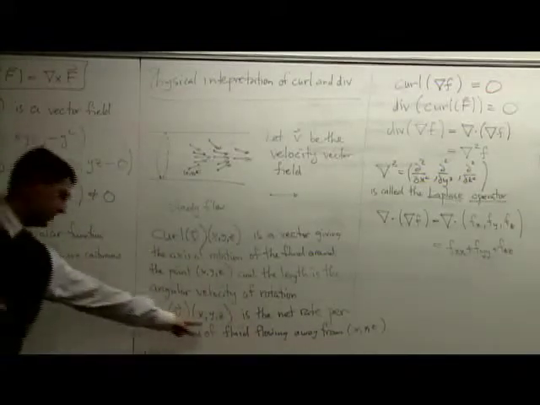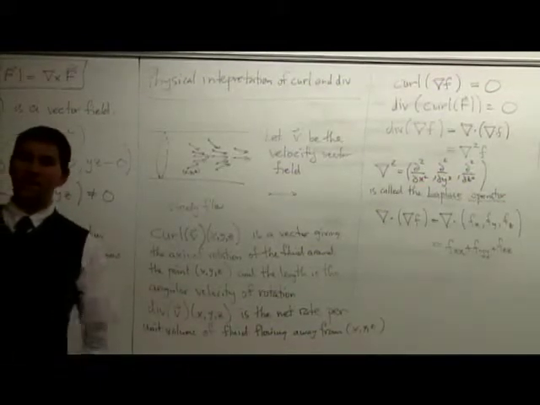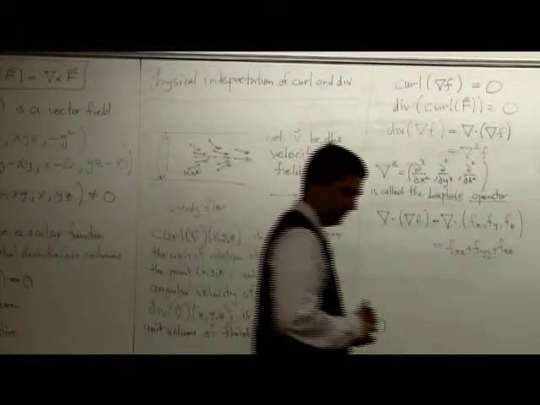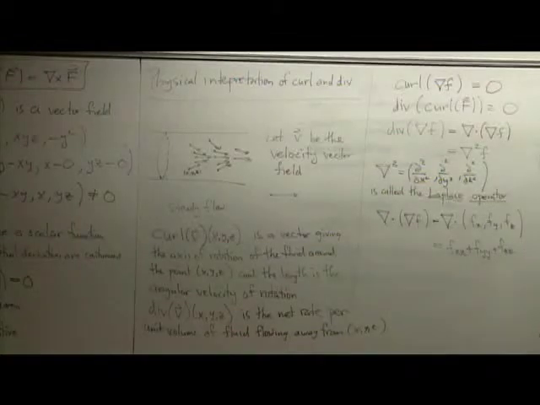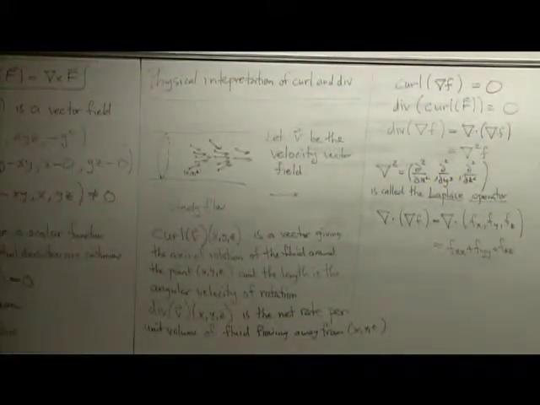And that's the divergence. And if you think divergence, how much is being diverted away from that point? So I'm guessing this is the origin of those terms, but physicists would know better than I. Okay. So that's one interpretation of these things physically.